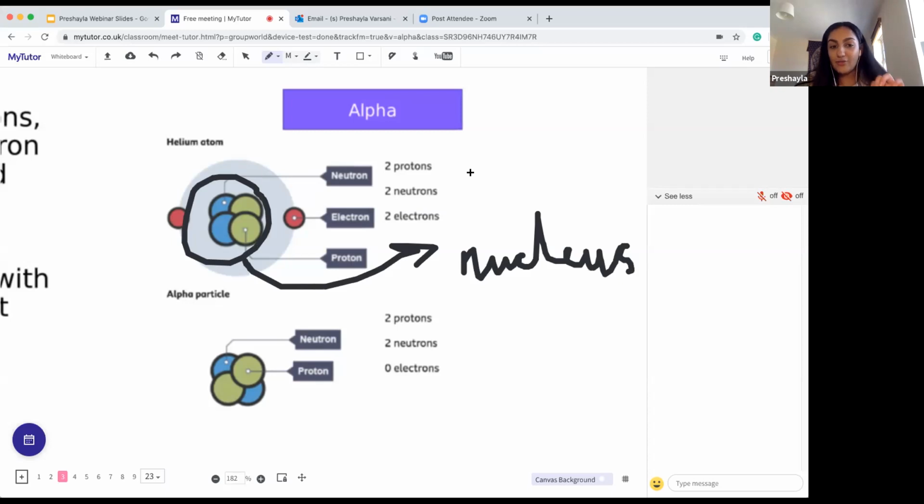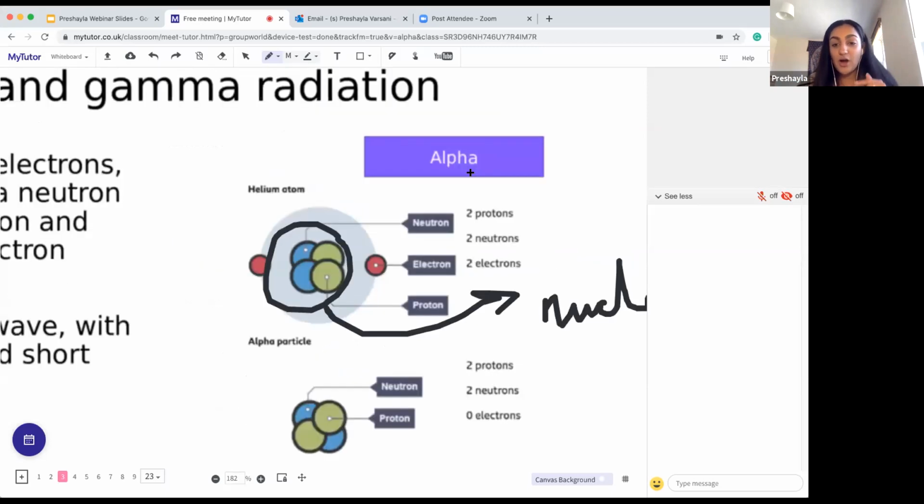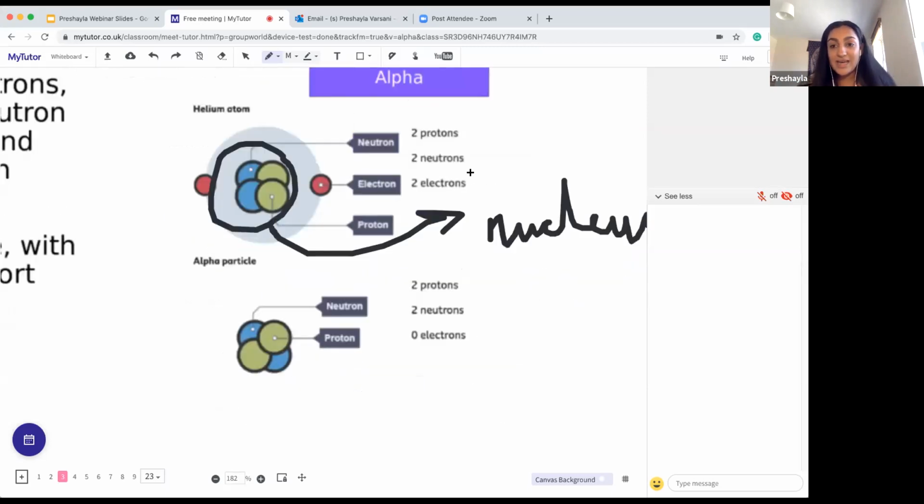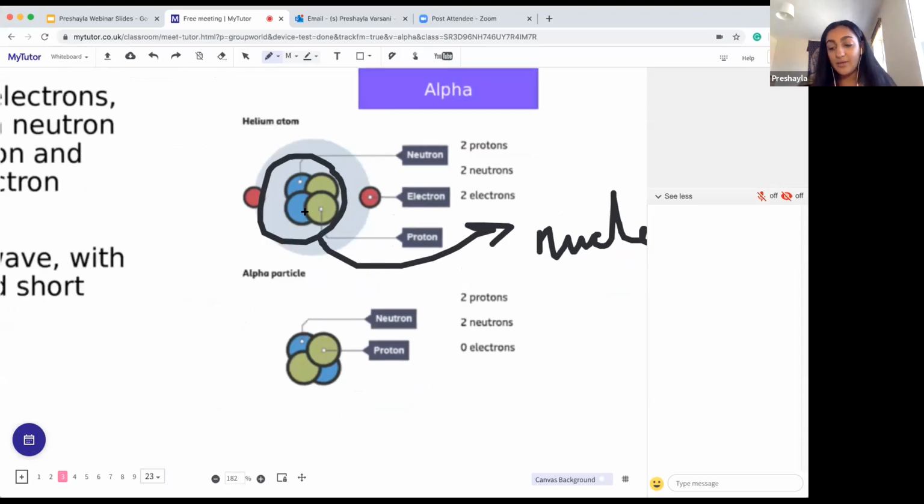The alpha particle is that helium nucleus only. It doesn't take the electrons from helium with it. That's really important. When we're describing an alpha particle, we must say helium nucleus, not helium atom, because if we say helium atom, that infers that we are including the electrons, which is not true.